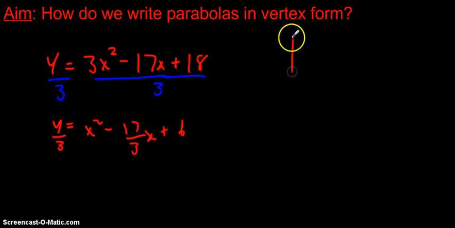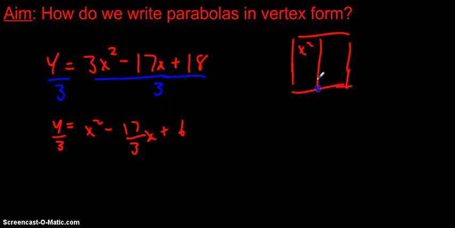Alright, so we're going to complete that square, which is not going to be very pretty. So this is x squared. The 17 over 3x is going to be split up here, so it's just going to become 17 over 6x and 17 over 6x.